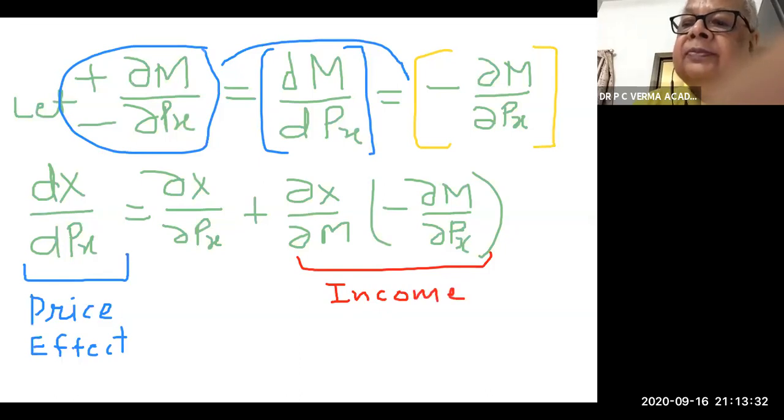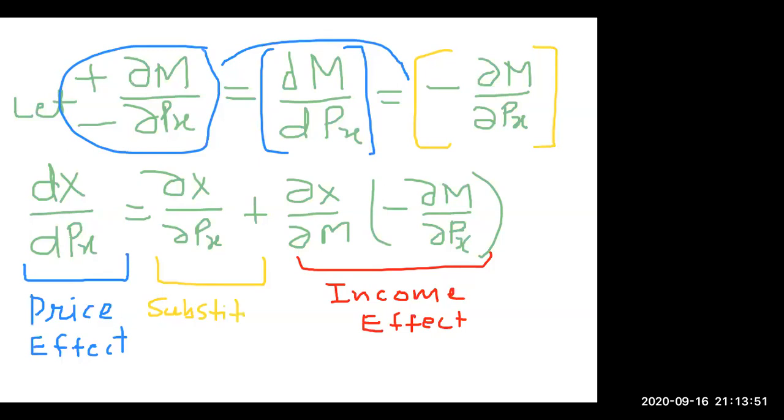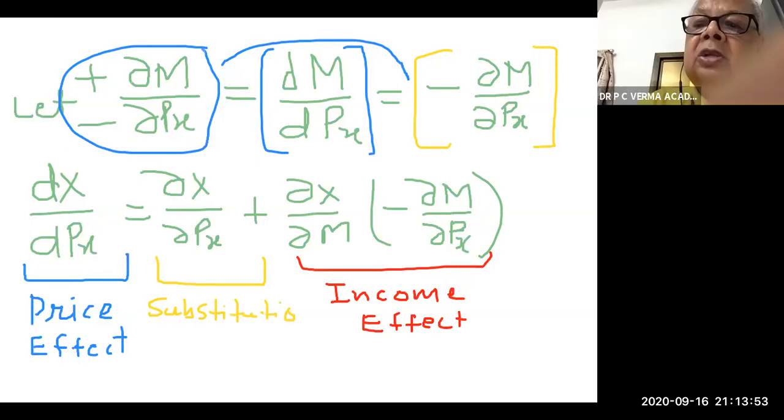So we will have this one as, you are right, Shravani, income effect. Income effect is shown by Milton Friedman in a unique method, and this is substitution effect.